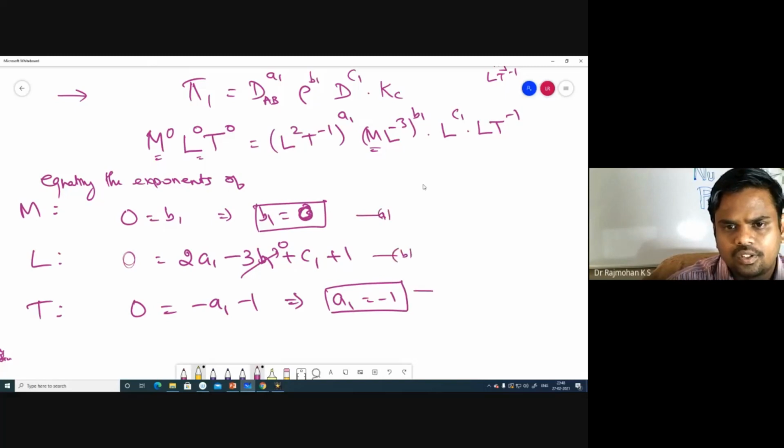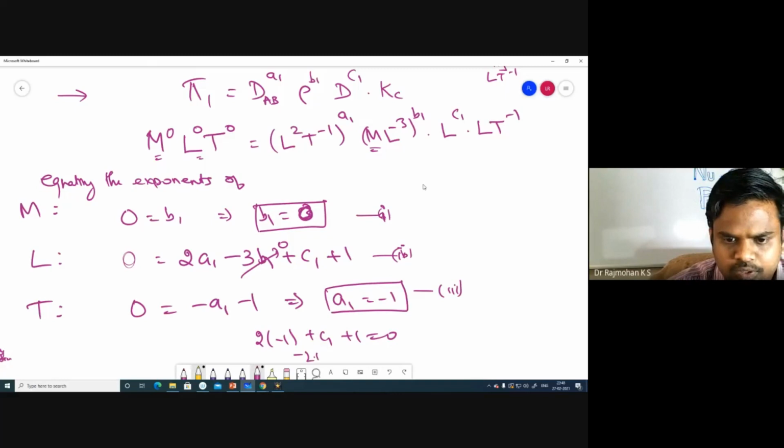Substituting the values of a1 and b1 in the L equation, we get 2 into minus 1 plus c1 plus 1 equal to 0.